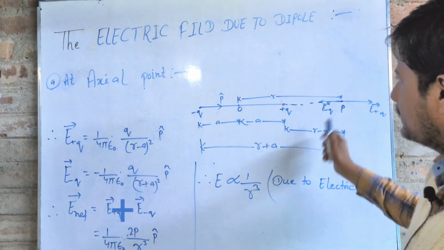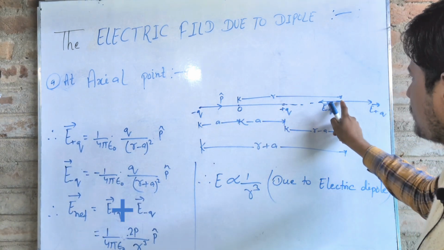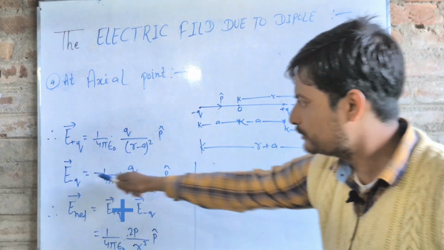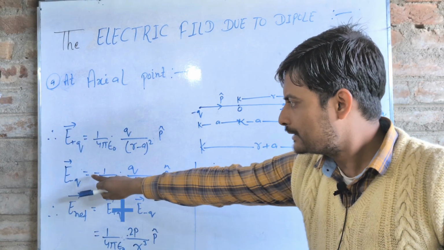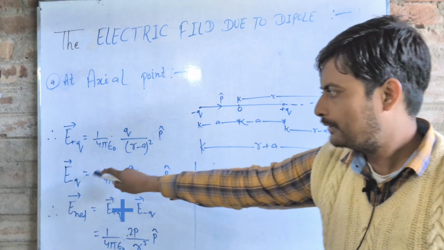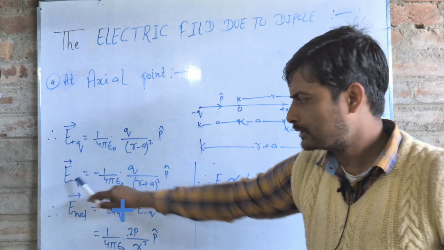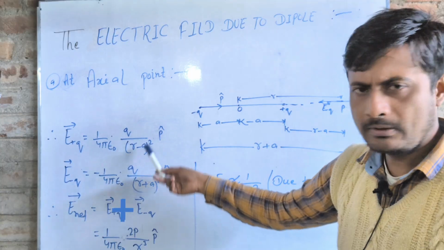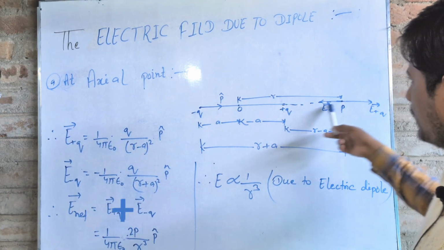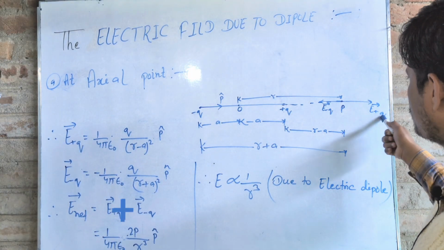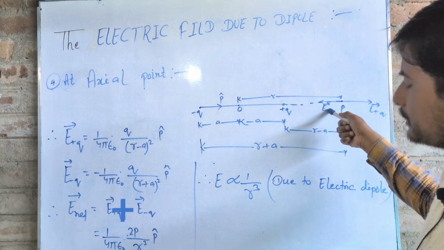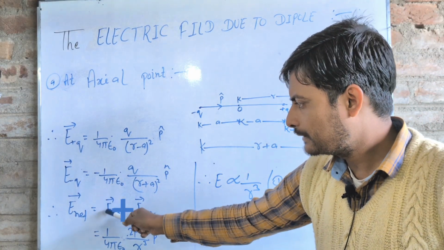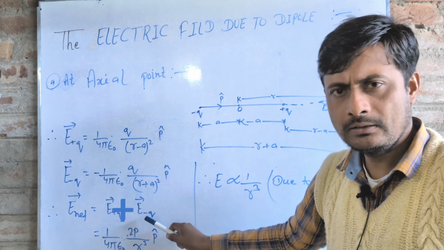Due to the minus q charge, the electric field direction will be opposite to the direction of the electric dipole, so we use a minus sign that tells the direction of the electric field due to the minus q charge. The net electric field will be the vector sum of these two electric fields. The fields due to the plus q charge and minus q charge are opposite to each other, so the resultant will be the electric field due to plus q minus the electric field due to minus q.